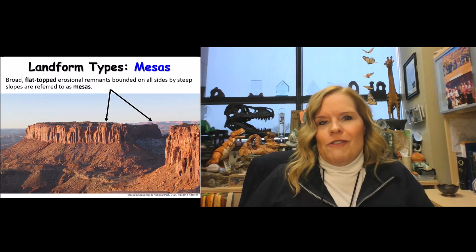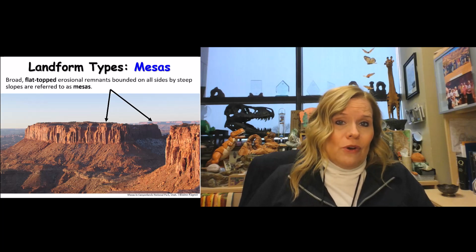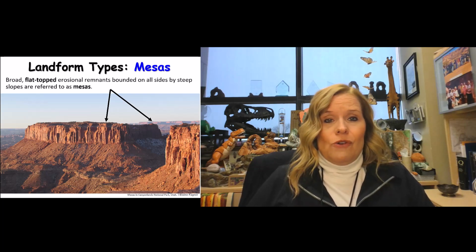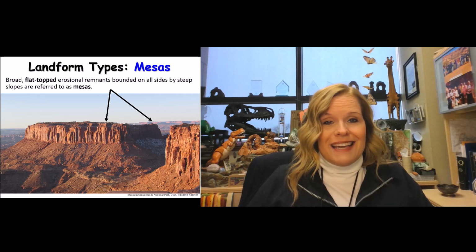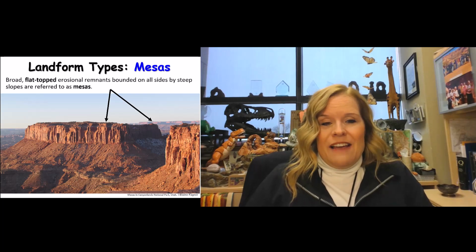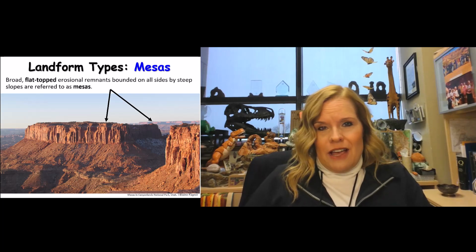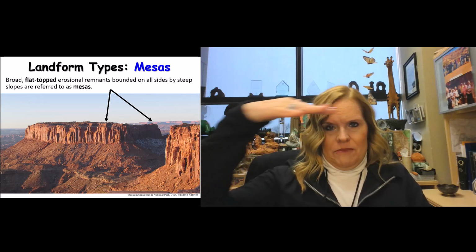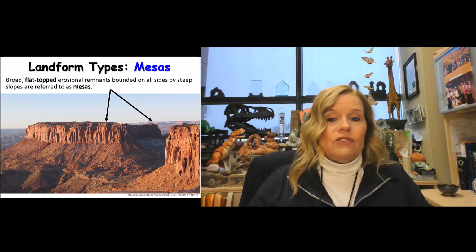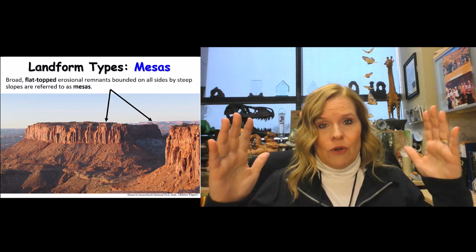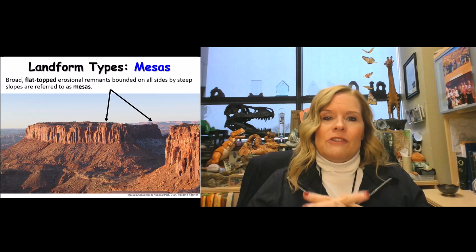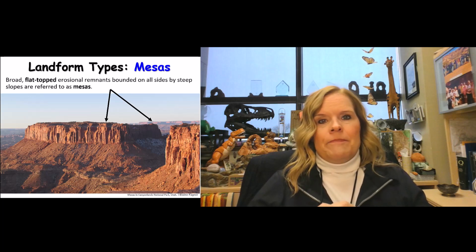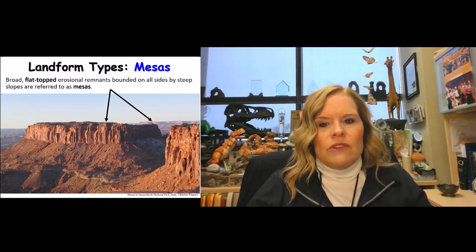That brings me to a couple of other landforms that are similar to plateaus, or in the same family, should I say, but those are mesas. This is in Canyonlands National Park, which is in Utah, and you can see how they're tabletop. They're very localized features, so they're pretty steep, right where they're located, and pretty flat. That's pretty much the definition of a mesa. They are not regional.